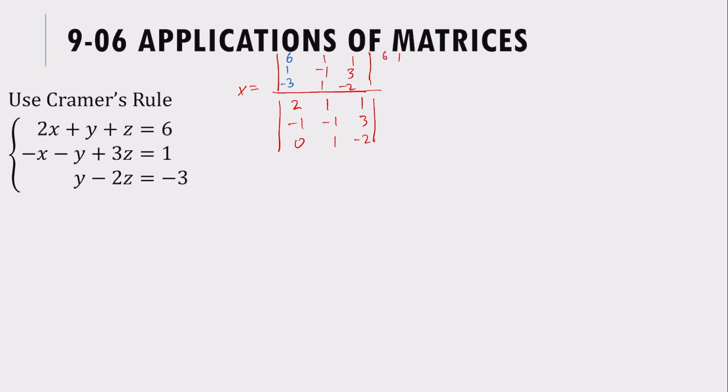So let's use the shortcut of copying the first two columns. So that's 12 plus -9 plus 1 minus, since I'm going up, 3 minus 18 minus -2.